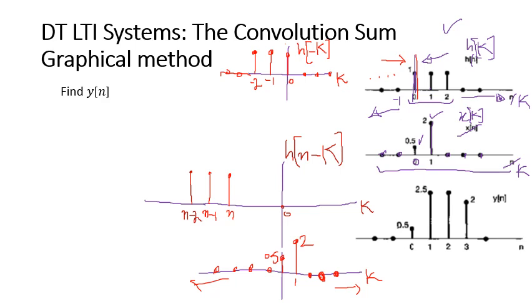Although this signal is non-zero, when we multiply the two signals, if one of the quantities is 0, the result is 0. So because this is y of n, we can say y of n equals 0, and it will stay 0 for all values of n when n is less than 0.